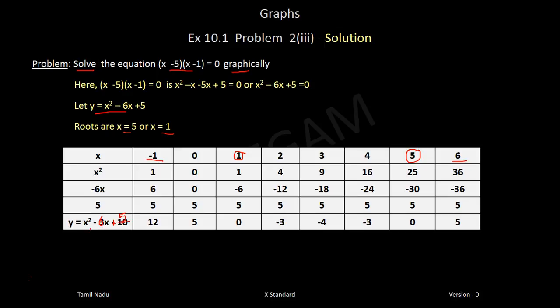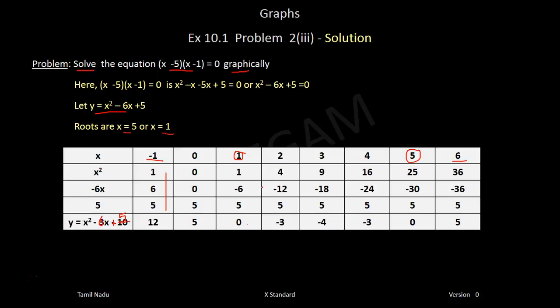So y is x squared minus 6x plus 5. Basically we just need to add these 3. So that is 1 plus 6, 7, 7 plus 5 is 12; 0 plus 0 plus 5 is 5; and 1 minus 6 is minus 5, minus 5 plus 5 is 0. Like that you add all these 3 cells and put it down here, right? So you'll be able to get the values of y.